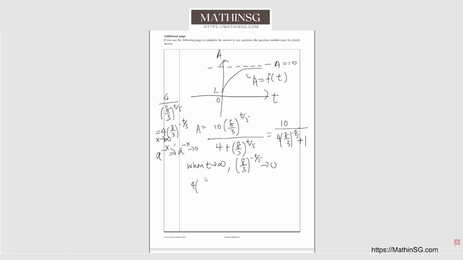So 4 of this will tend to 0, so 4 times (8/3) to the power of minus t over 5 plus 1 will tend to 1. This is 0, this is 1, right? So 10 over this will tend to 10 over 1, which is 10. Therefore, as t tends to infinity, A tends to 10. That is why we have an asymptote at A equals 10.